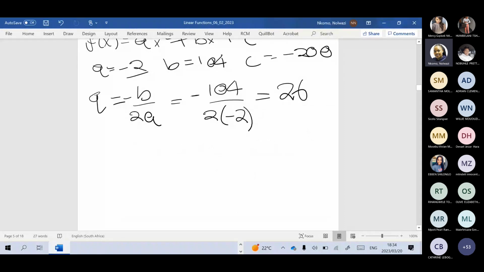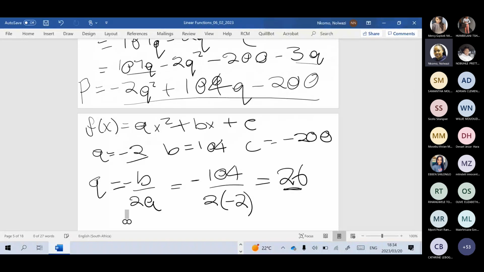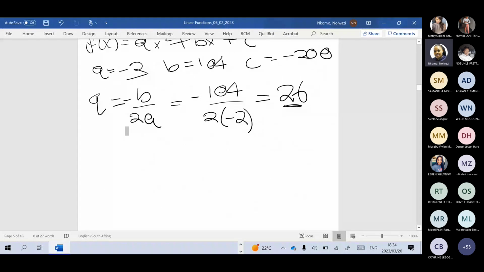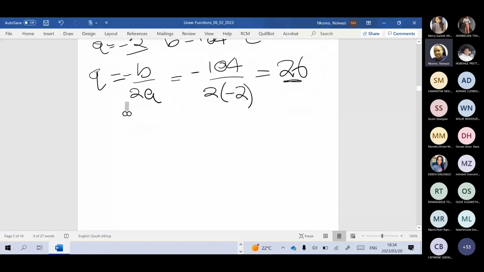The next step is to substitute that turning point back into our profit to find the corresponding profit. We have P equal to minus 2 times 26 squared plus 104 times 26 minus 200, and you should get 1,152.